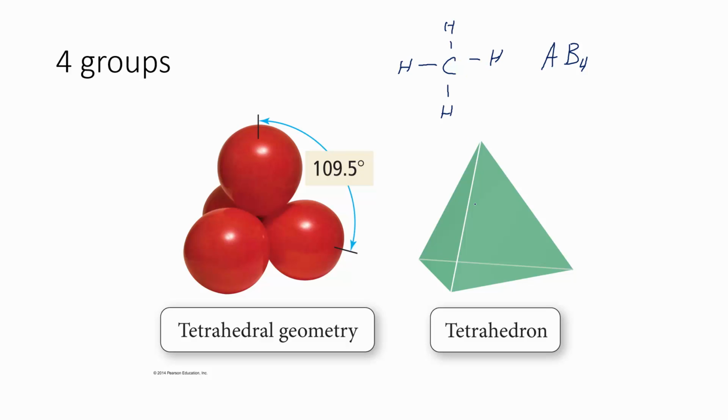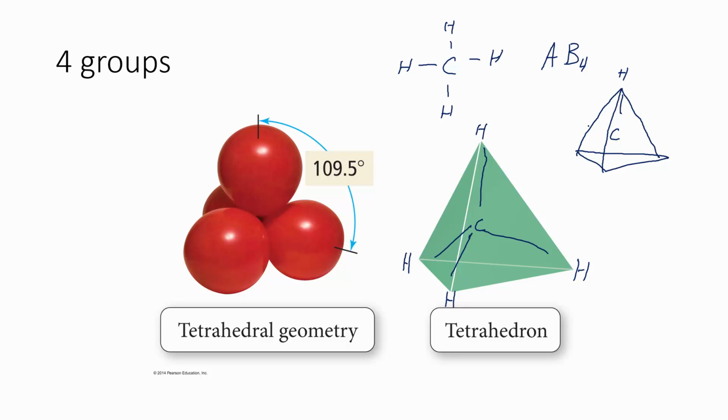And AB4 means I have the carbon in the center, and on each of the vertices outward, I have a hydrogen. And it's a little hard to draw this structure sometimes. You just kind of draw a little bit of a lopsided triangle, take a point to the top, draw down to each of the corners, and then center atom right in the center of the whole mix. Other ones on the vertices.